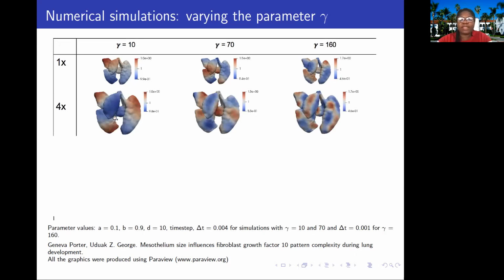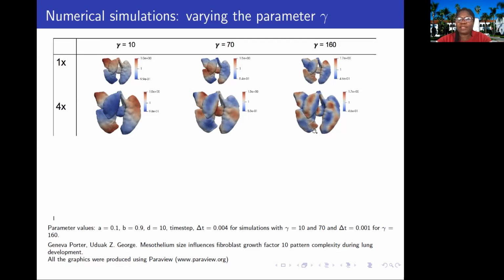Now we still went into Blender and changed the size of the lung, making it 4 times larger than what we started with. And then we took those lungs back and did simulations using the surface reaction diffusion equation. And then we asked, how does the pattern change with 4 times the size? We see that with 4 times the size, as we increase the value of gamma, it's like you're doubling the growth as well, not just increasing it physically but also with the parameter gamma.